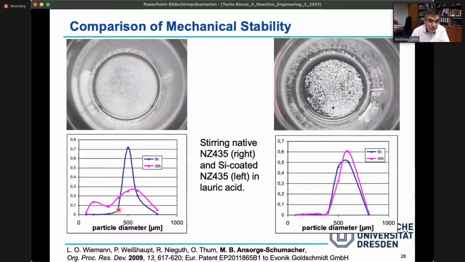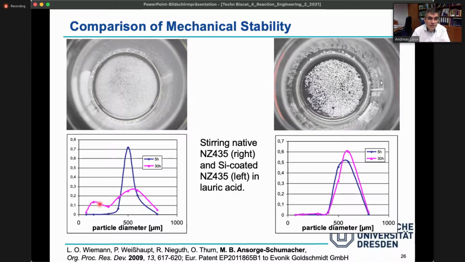And on the left side, you see the dark blue one is after 5 hours, and that's the number of particles with a specific diameter. So when you start up after 5 hours, the majority of the particles have a diameter of 500 micrometers. Now, if you stir this in a tank reactor with a specific energy input, after 30 hours you can see the distribution of the particle sizes has significantly changed.